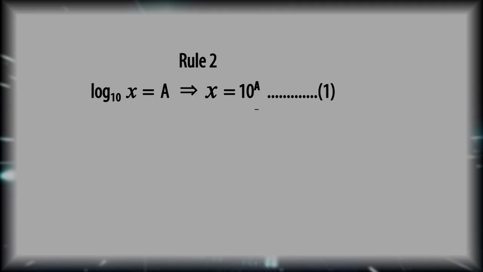Considering our first equations, where we had log base 10 of x is equal to a, and we said that implied that x is equal to 10 raised to the power a, we can call that equation 1. Once again, log base 10 of y is equal to b, which implies that y equals 10 raised to the power b can be called equation 2.